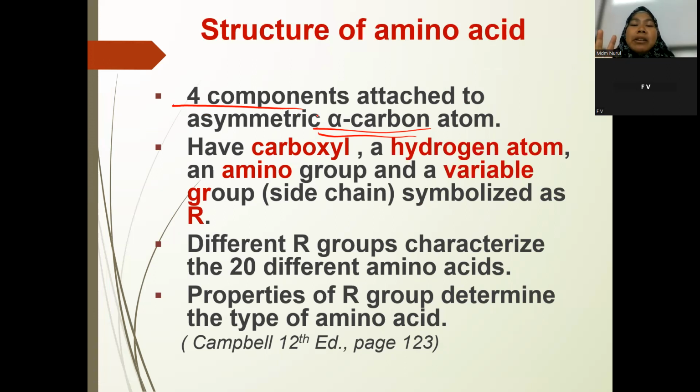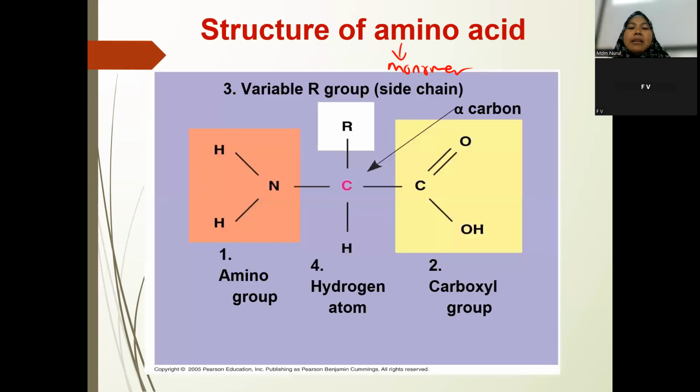Alpha carbon. Okay. Ada 4 komponen yang akan attach dengan alpha carbon. So, this is alpha carbon. Ni. Alpha carbon. Carbon tengah. So, ada 4 komponen. 1, 2, 3, 4. Okay. Nah, macam tu. Alright. Okay.